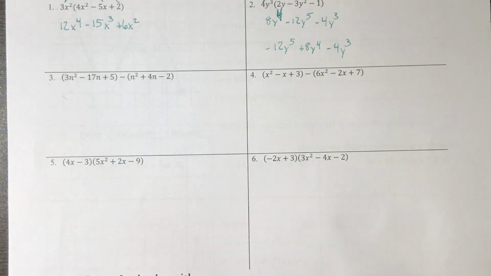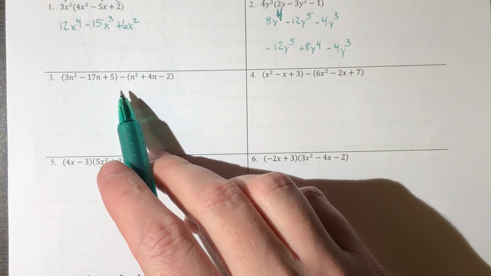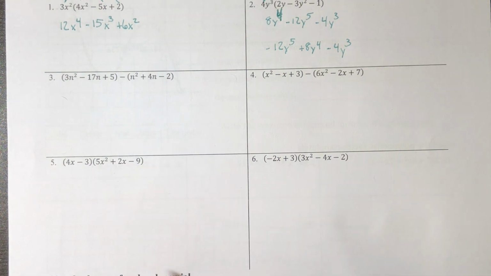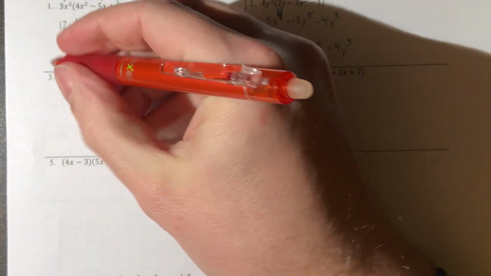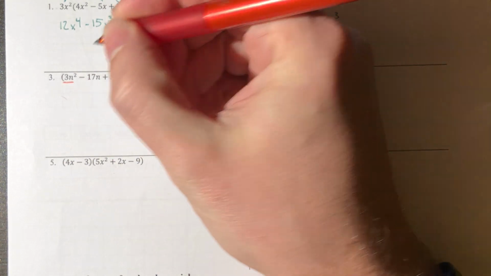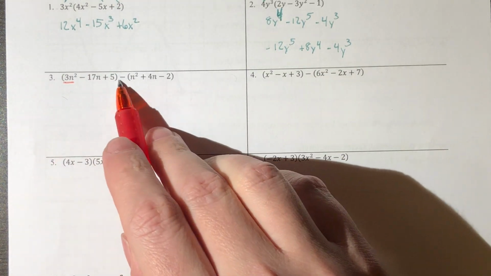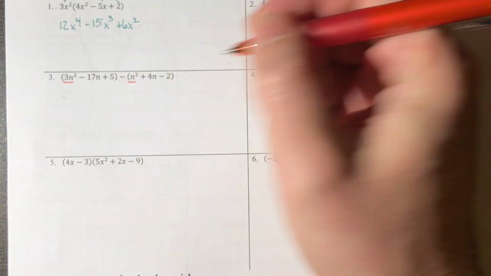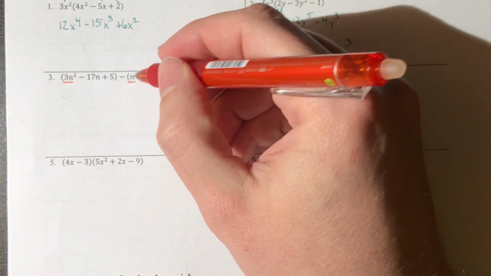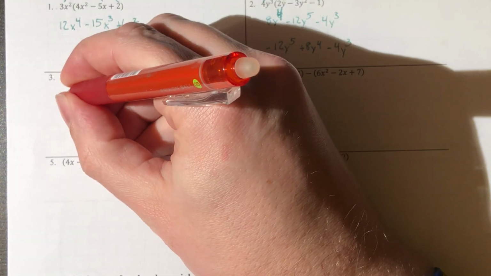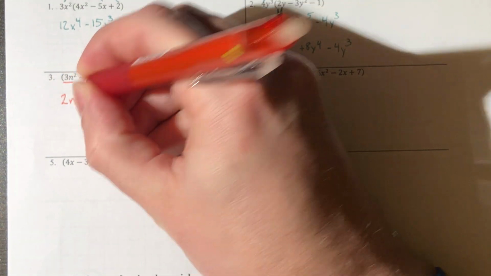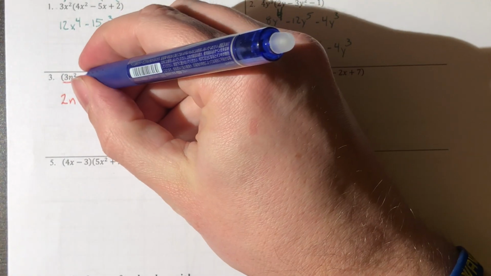For 3 and 4, when you're adding or subtracting polynomials, you only add or subtract like terms. So I've got 3 n squareds minus another n squared. So 3 minus 1 is going to give me 2n squared. Then I have just n's.